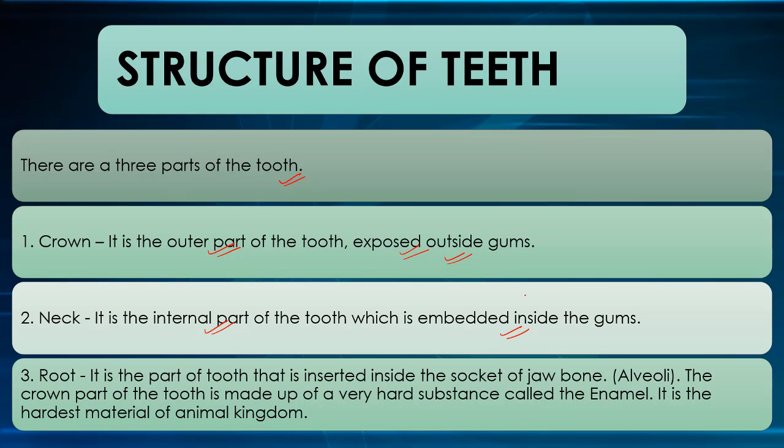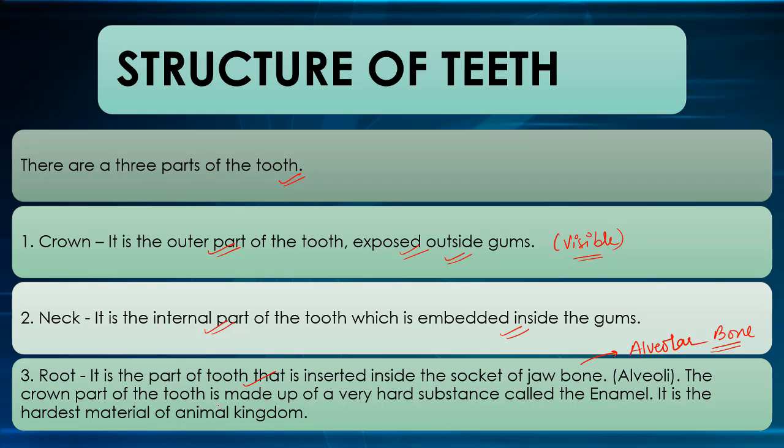The root is the part of the tooth that is inserted inside the socket of the jawbone. This jawbone is known as what? Alveoli, or alveolar bone.